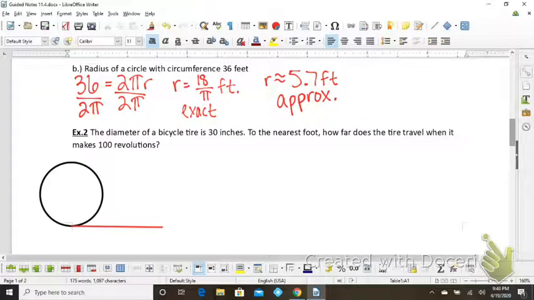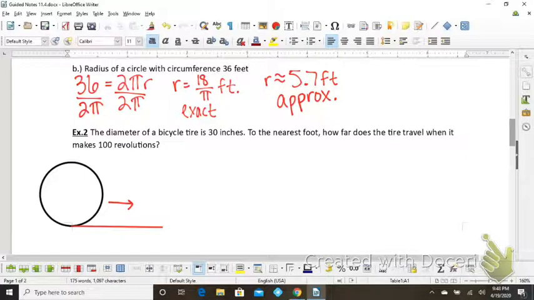As this tire is rolling along, different pieces of it will be touching the ground. For one revolution, the whole circumference will touch the ground. And then another revolution, the circumference touches it again. So really we want the distance of 100 circumferences.